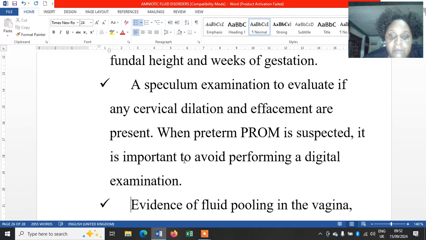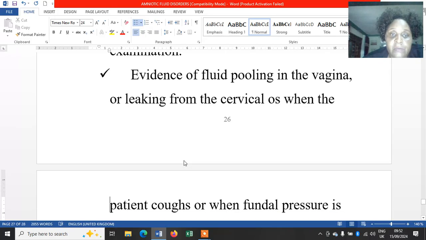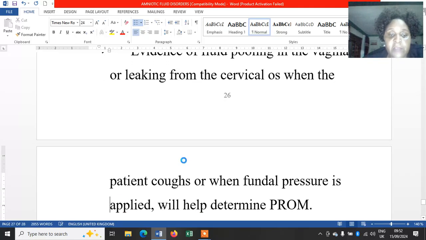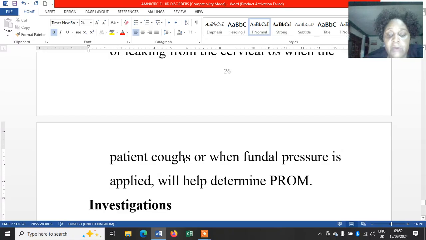When preterm premature rupture of membrane is suspected, it is important to avoid performing a digital examination as it will irritate the cervix and aid cervical dilatation. Evidence of fluid pooling in the vagina or leaking from the cervical os when the patient coughs or when fundal pressure is applied will help determine PROM.